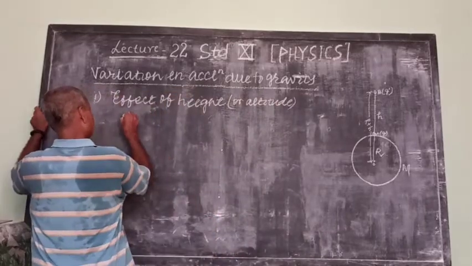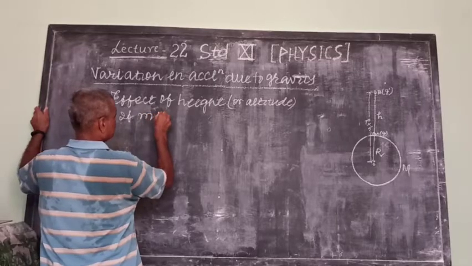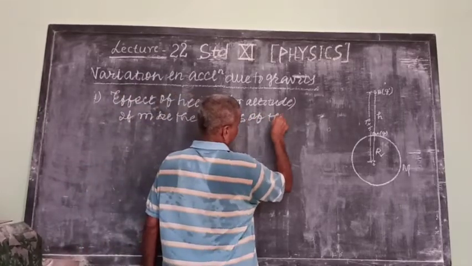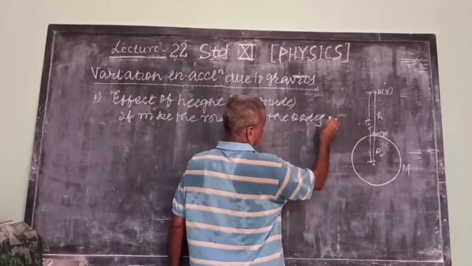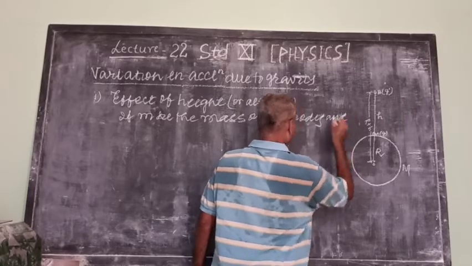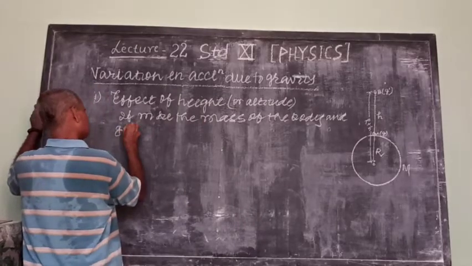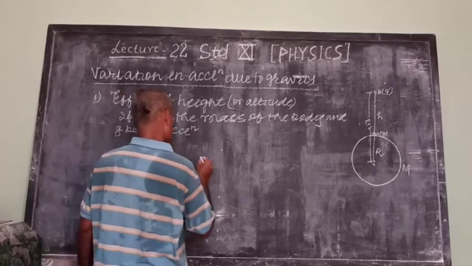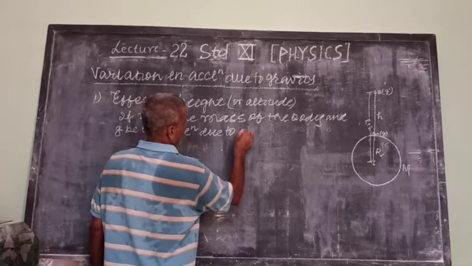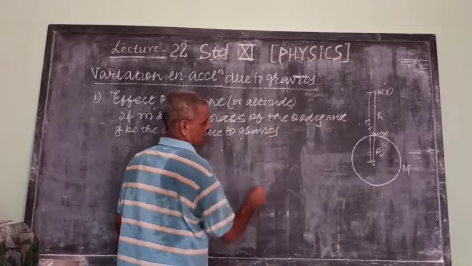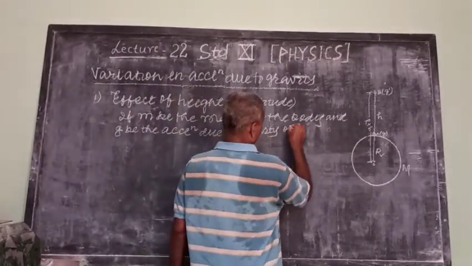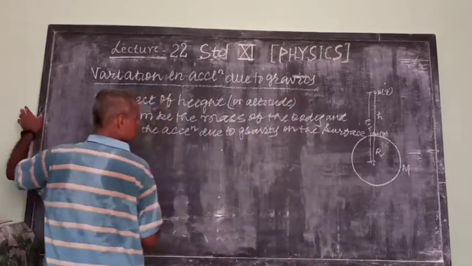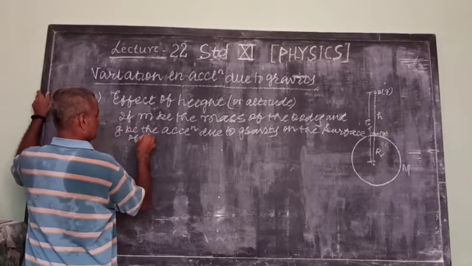Just I am writing, if m be the mass of the body and g be the acceleration due to gravity on the surface of earth, we can say at a particular point on the surface of the earth.